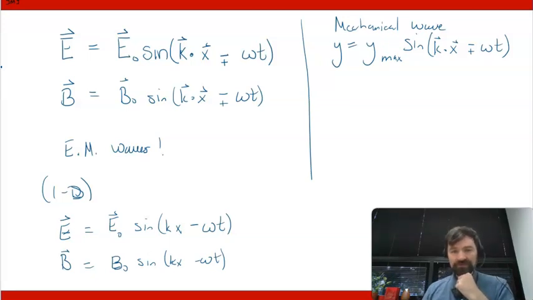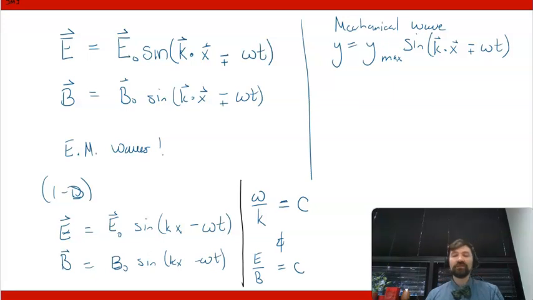Either way, there's a nice connection, which is that omega over k is equal to the speed at which the thing propagates, which is c, and E over B is equal to c.